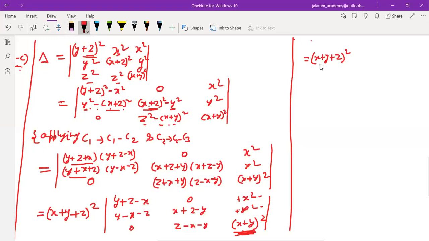So we have copied x plus y plus z whole square from the previous step, and in the third row we have x plus y whole square. It means that x plus y whole square is x square plus y square plus 2xy, and the elements in the same column.